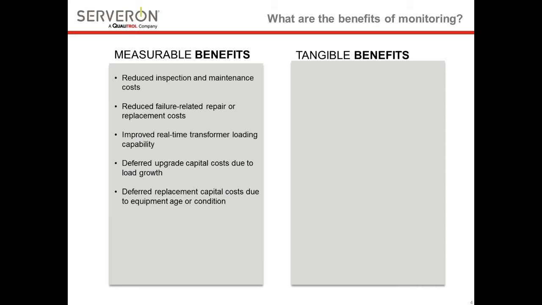Reduced failure-related repair or replacement costs: the premise would be that by monitoring, you could cut down the costs associated with repair or replacement by having advance notice. Improved real-time transformer loading capability, whereby if you have an insight into your transformer's condition, you can be more proactive in dynamic loading of the transformer.